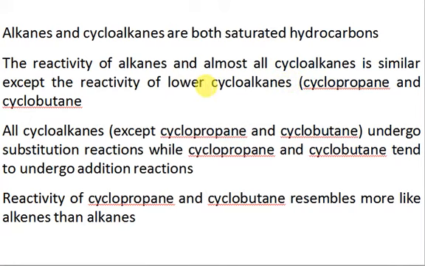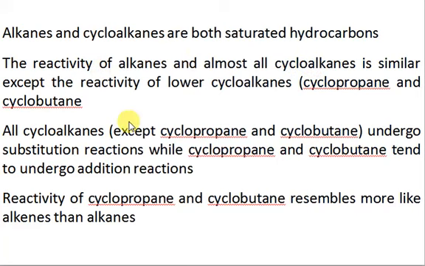What we mean by lower cycloalkanes are cycloalkanes that have 4 carbons or fewer. So the lower cycloalkanes include cyclopropane and cyclobutane, right?